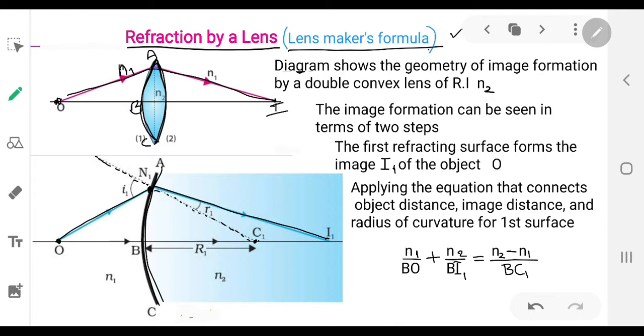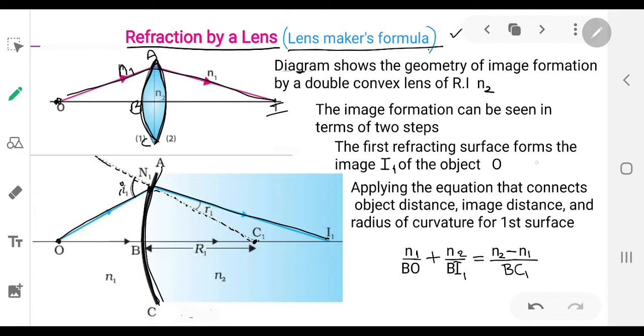So we are measuring the angle of incidence I and angle of refraction R1, and this is the center of curvature of the first refracting surface, C1.